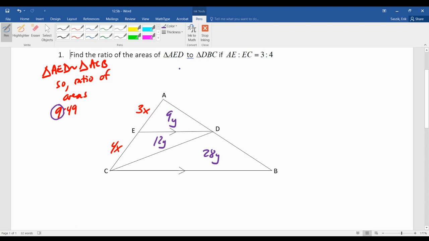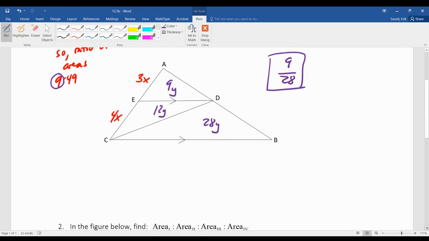So the ratio of this little triangle to this triangle down here ends up being 9 to 28. That one's tricky. We're using this little triangle to the big one, and these two little triangles, how they relate to each other simultaneously, and then pulling everything together. So, pretty cool.